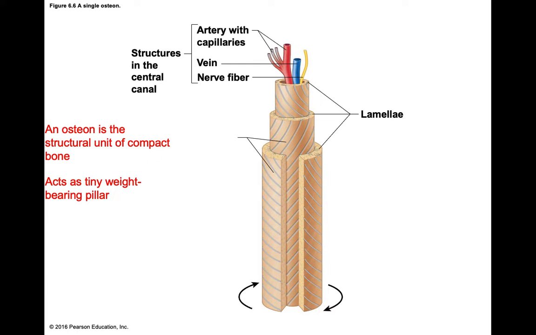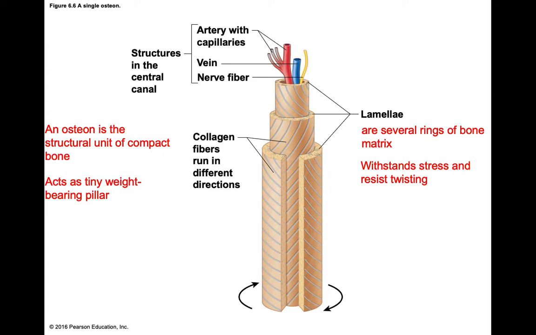Then you have the lamellae. As you notice, it's a pillar, but it's a pillar made out of a lot of rings put together. And you make it in multiple layers, so several rings of bone matrix. This is how compact bone is laid together. In between, you have these thin amounts of collagen fibers that run in different directions. By laying these ring structures in different patterns in a column, that's how you withstand stress.